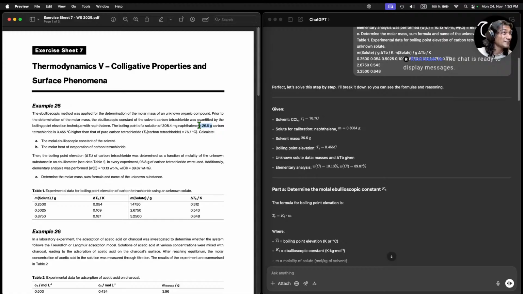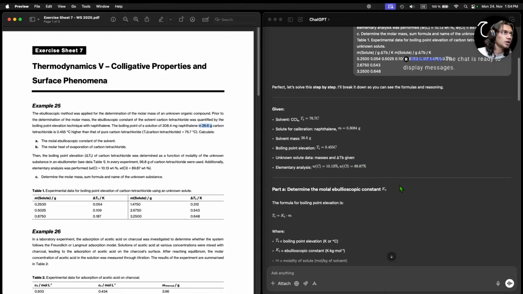You just convert this to kilograms? Is that what it is? Solute of calibration, naphthalene. Solvent mass, boiling point elevation. Okay, it's the elevation. Unknown solute data, masses and delta T given.